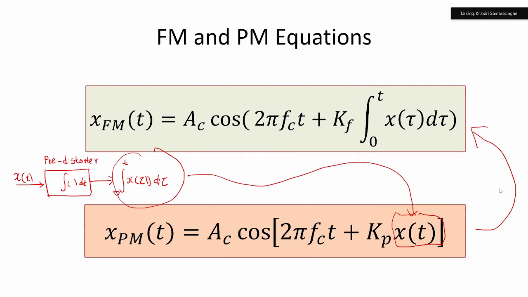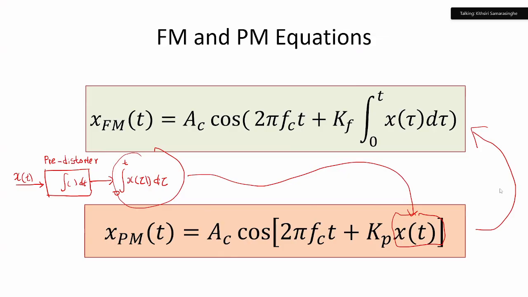Distorted x(t) is what we are substituting as the modulator input to the phase modulator. Now the phase modulator output will become FM. This method of generating FM we call the indirect method because we are using a phase modulator to generate the FM signal. The method is then known as indirect FM.